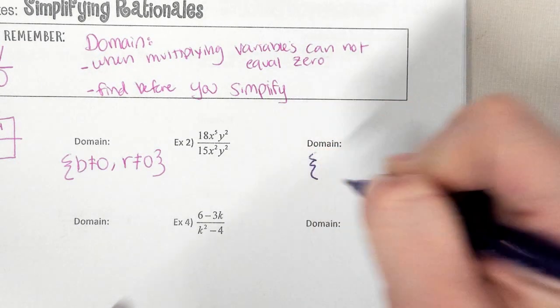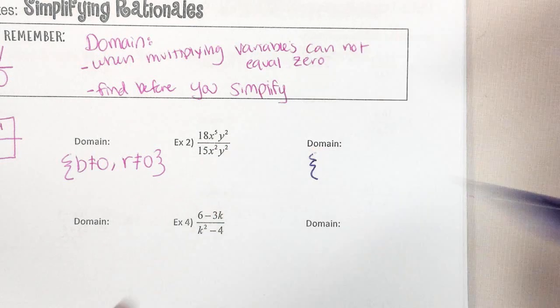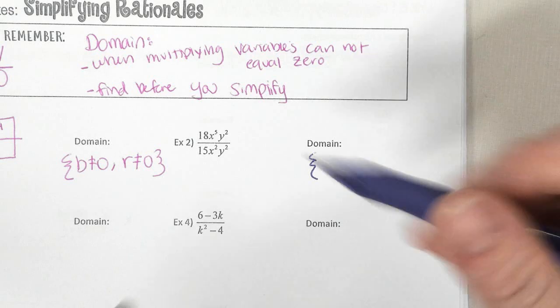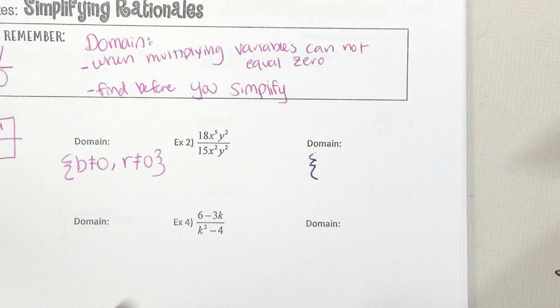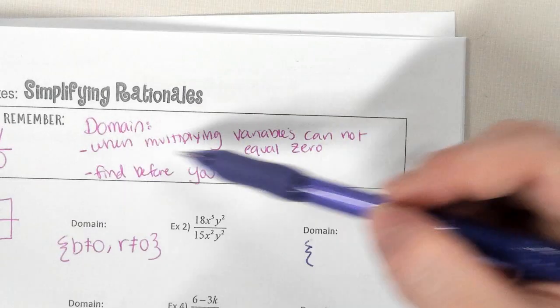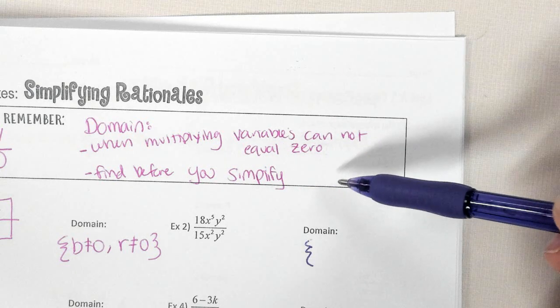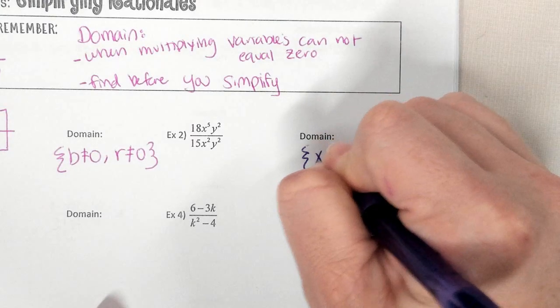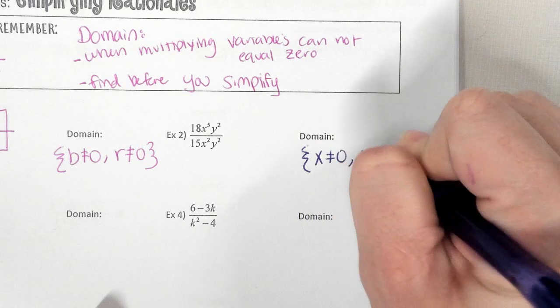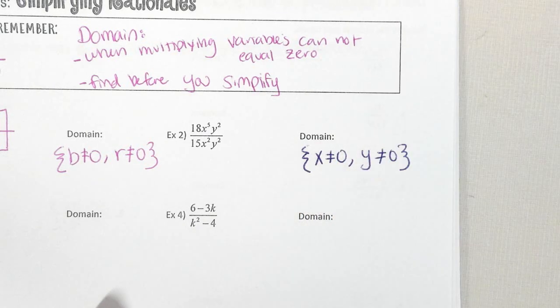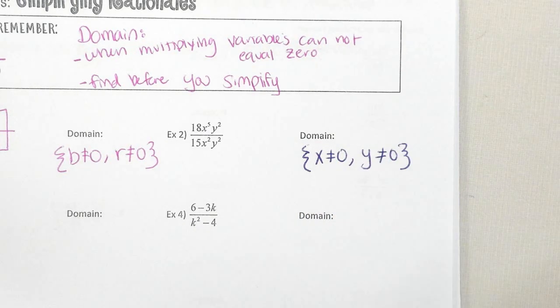We have x and y, but is the whole denominator just multiplying? Yes. So what can x and y not be? So when it's multiplying, they just can't equal 0. So x cannot be 0 and y cannot be 0. We like when it's multiplying because it makes our life easy.